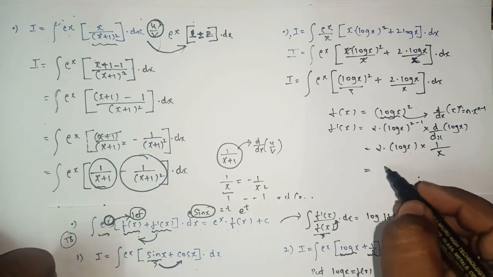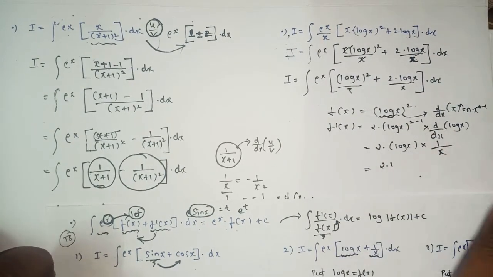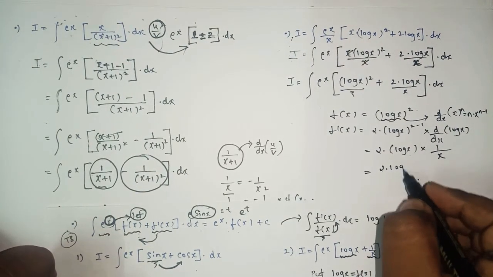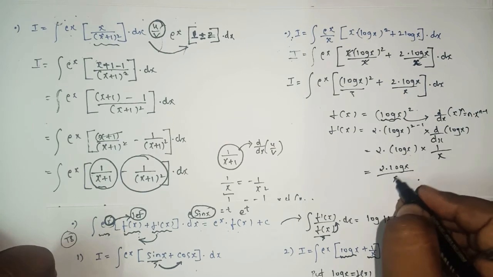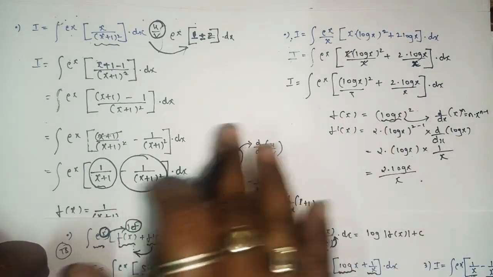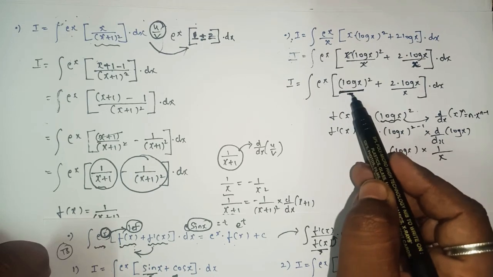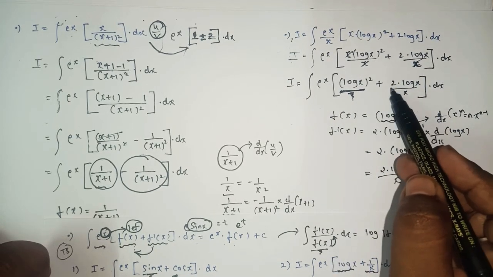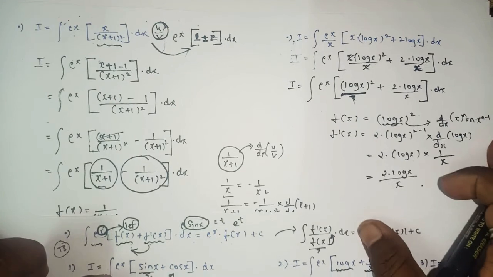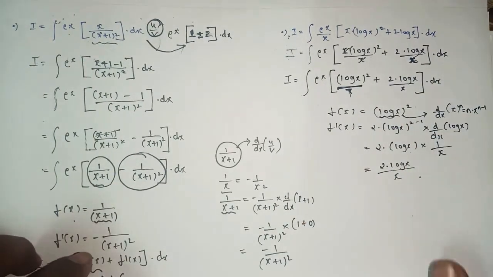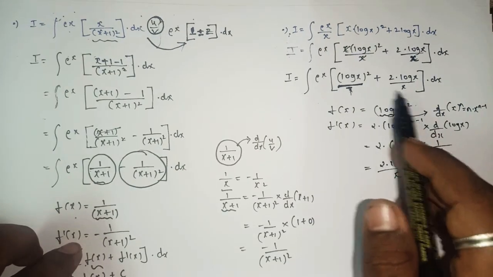So 2 into log x upon x. Clearly, as we took this as f of x, here we got 2 into log x upon x.